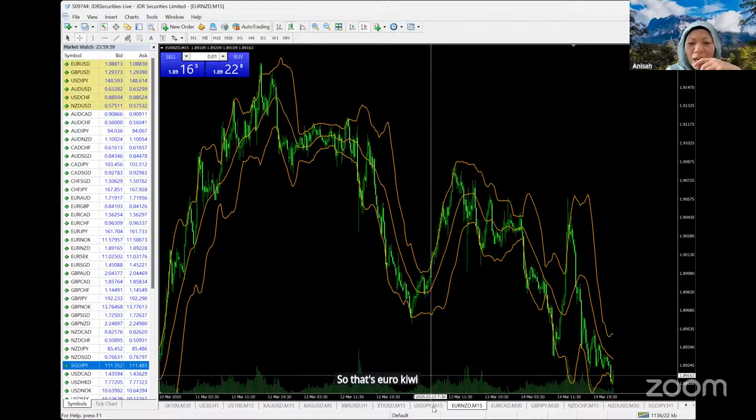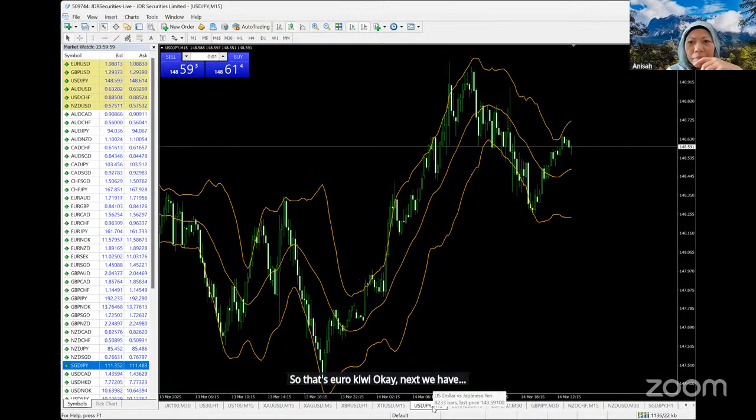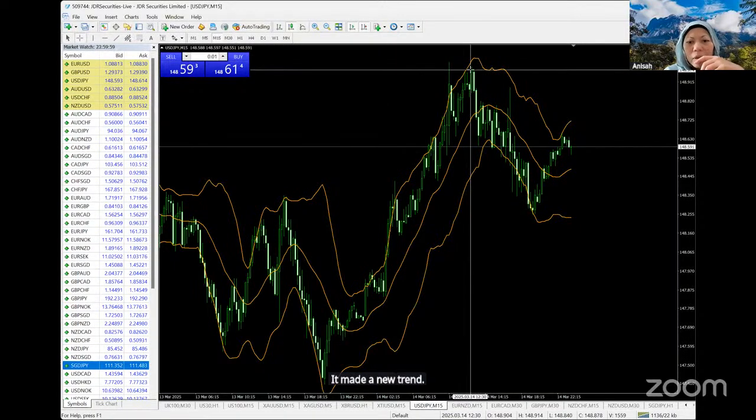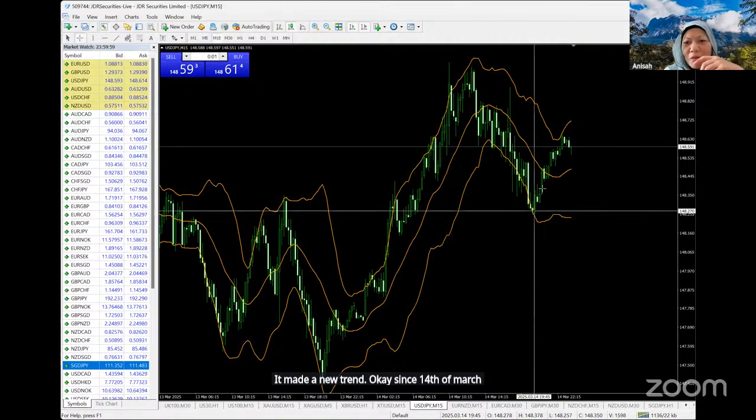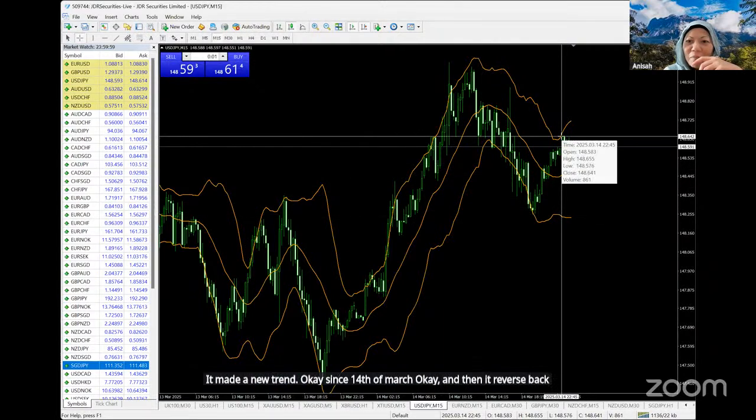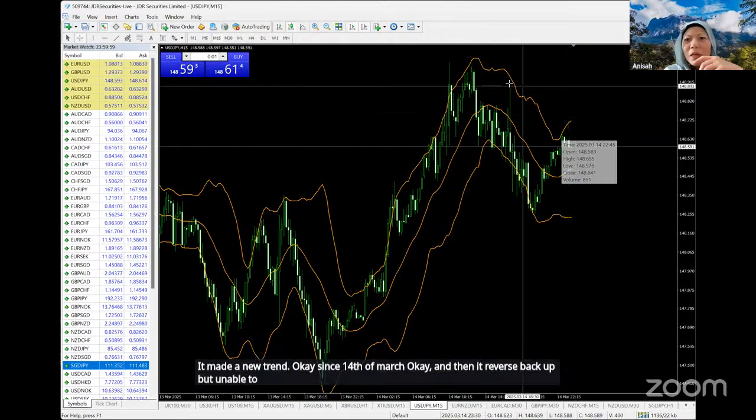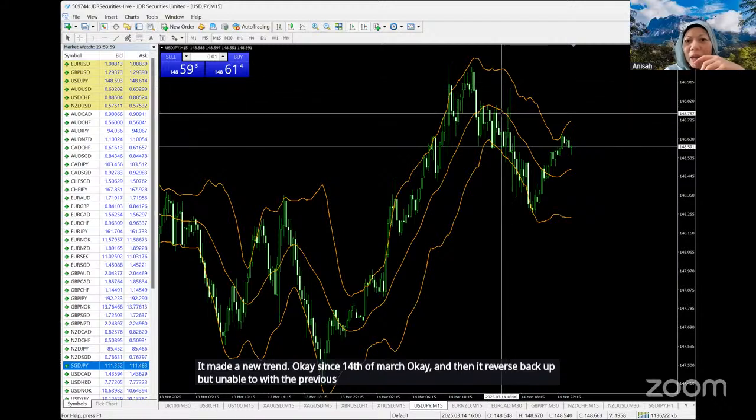Okay, next we have dollar against yen. It made a new trend since 14th of March, and then it reversed back up, but was unable to beat the previous high of 148.757.